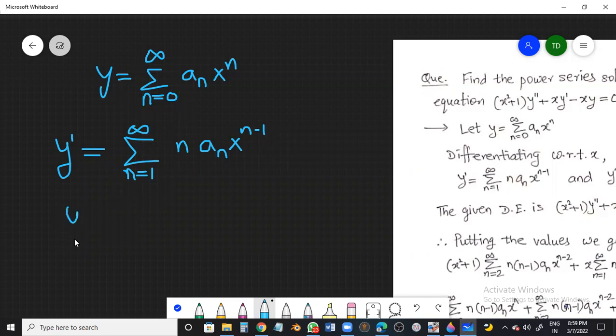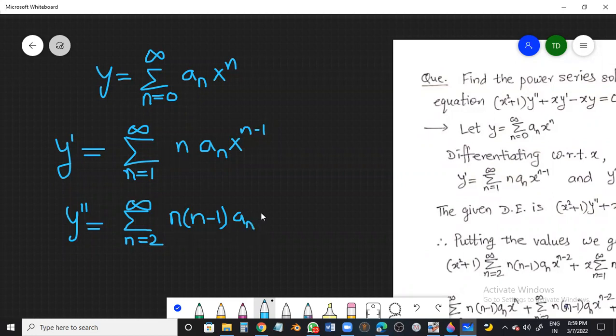Now go for y double dash. What will happen to y double dash? Again on the same lines, summation will start from the next step, so n will go to 2 now. And it continues. Then n was there as a coefficient, n minus 1 will come down again as a coefficient. There is no change in an, so an remains there.